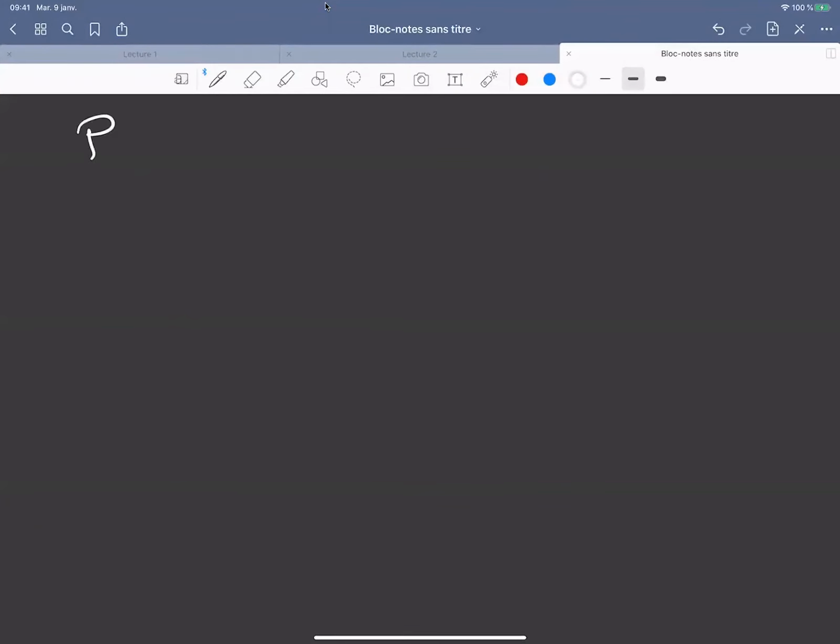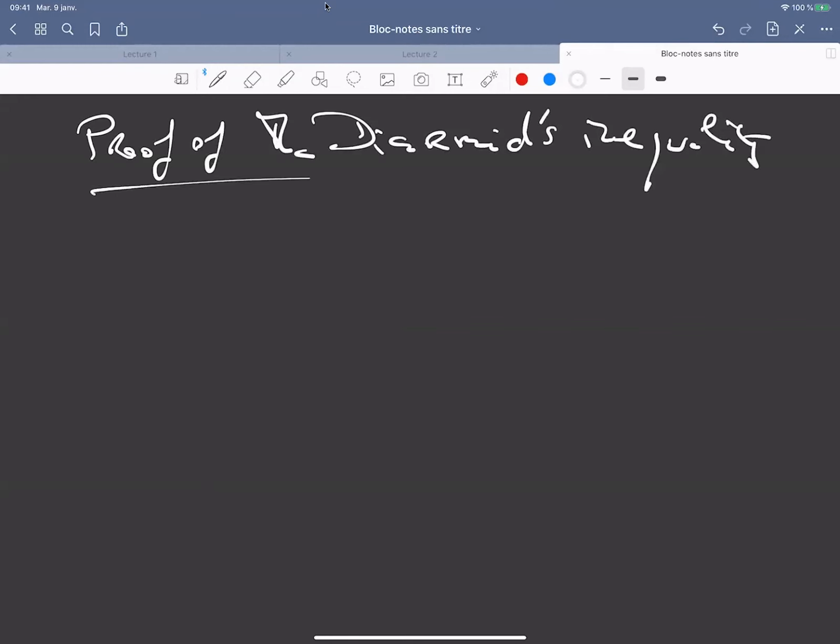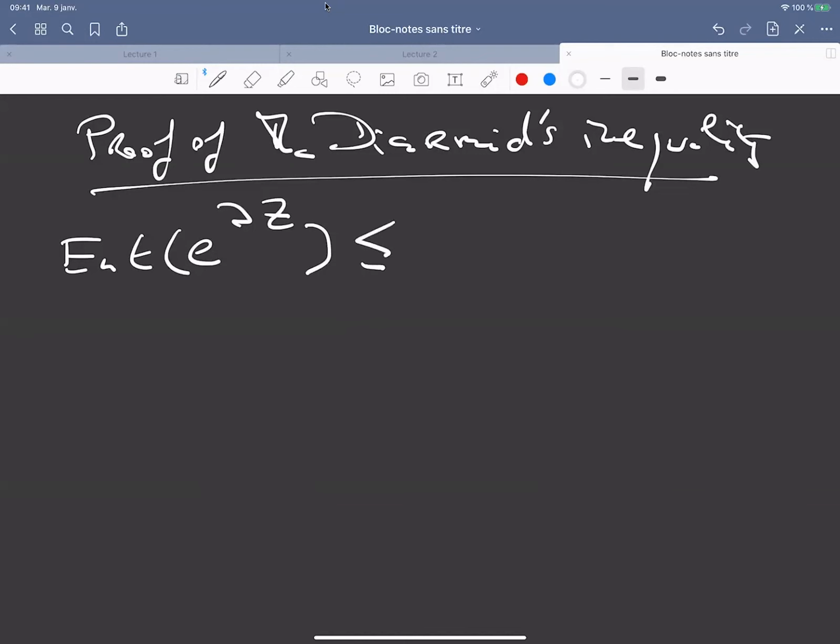So the proof of McDiarmid's inequality. We use, as announced, the subadditive inequality for entropy applied to the exponential transformation of the variable Z. So we apply it on this, and we have these conditional entropies which appear here.